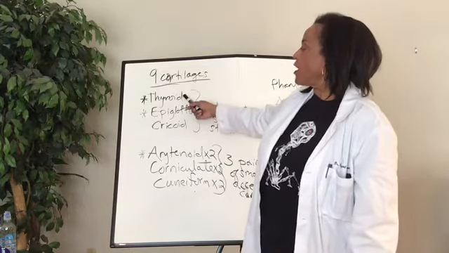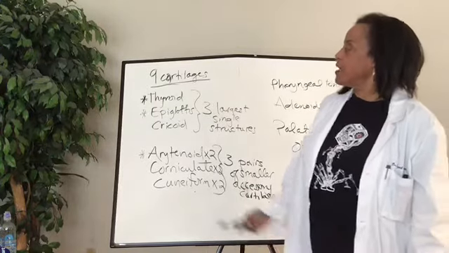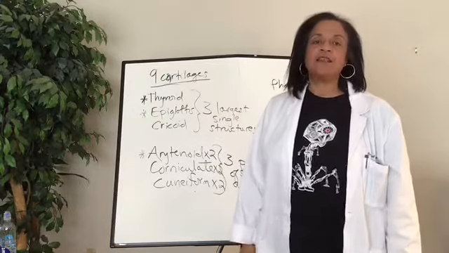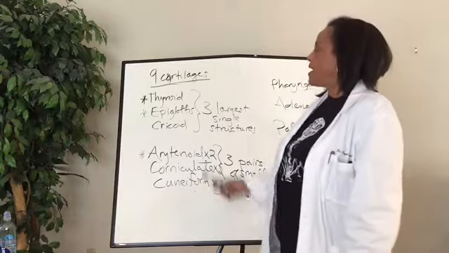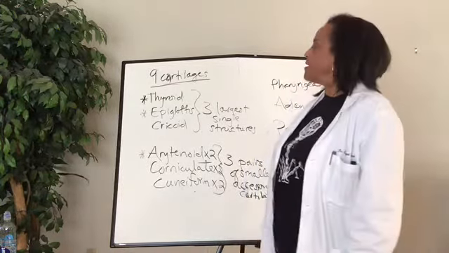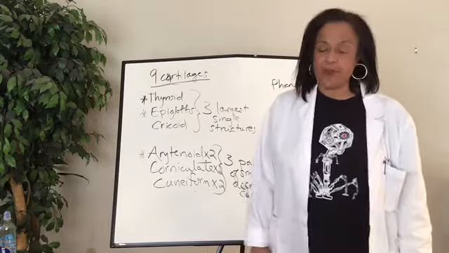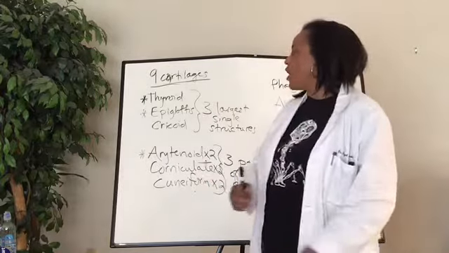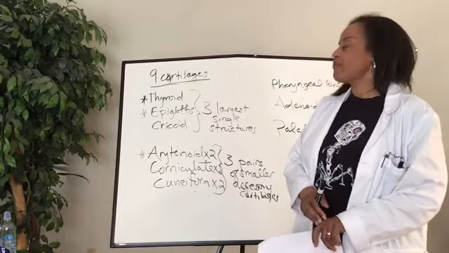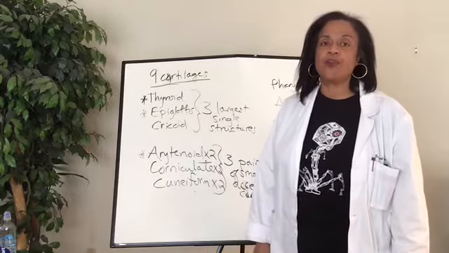The thyroid cartilage is the largest of all the 9 cartilages. The layman's term for it is Adam's apple. The epiglottis is important because it prevents food or drink from going down into your lungs. You don't want to aspirate. And then the arytenoid cartilage is a point of attachment for the vocal cords.